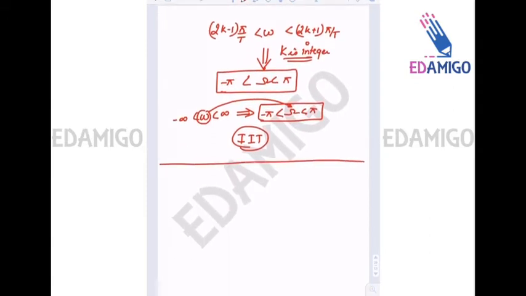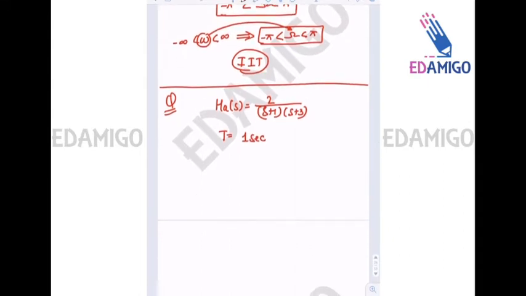Now let's look at one simple example. The question is, it is given that H(s) is equal to 2 upon (s plus 1)(s plus 3), and T equals 1 second.